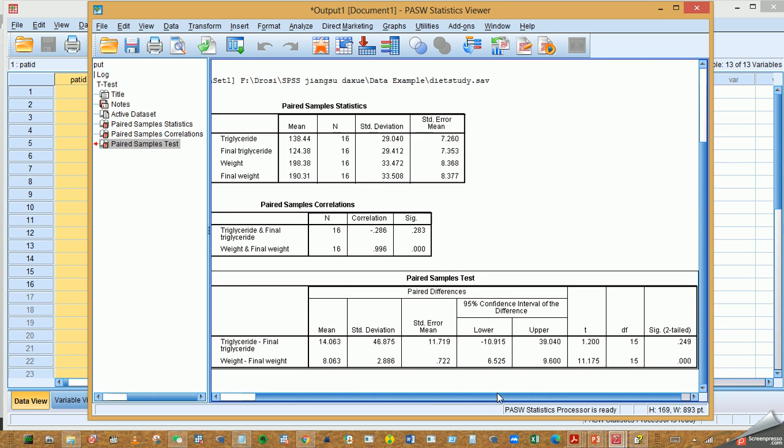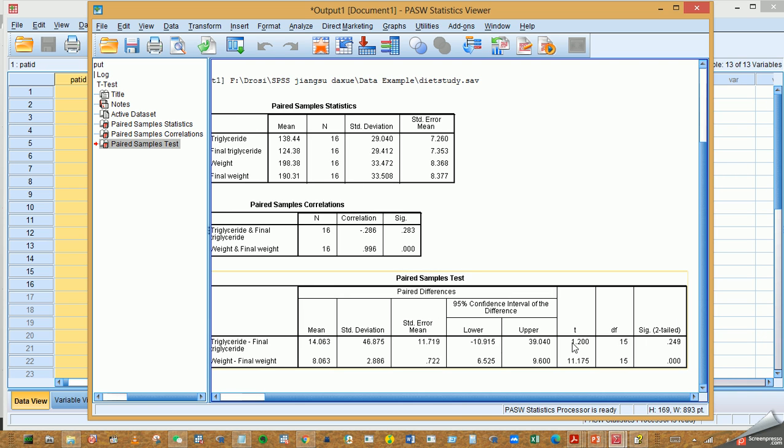Here is the standard deviation, the standard error of the mean, the lower and upper confidence levels, the t, the degrees of freedom, and here is the main thing that we have to look at. For the first pair, the significance level is 0.249, which is far from 0.05, so we can't reject the null hypothesis, and there's no difference between the two levels.